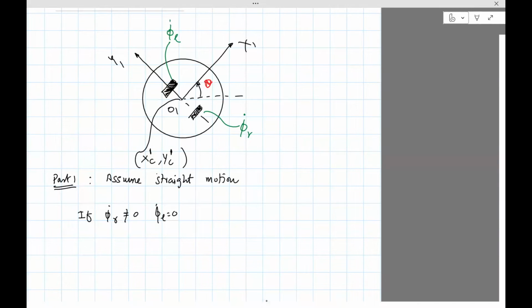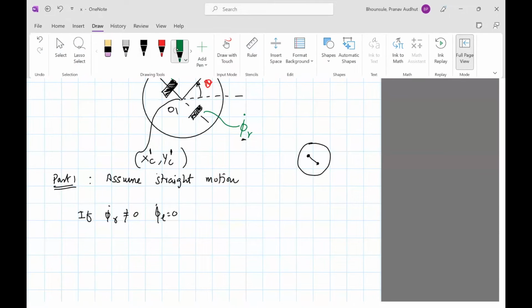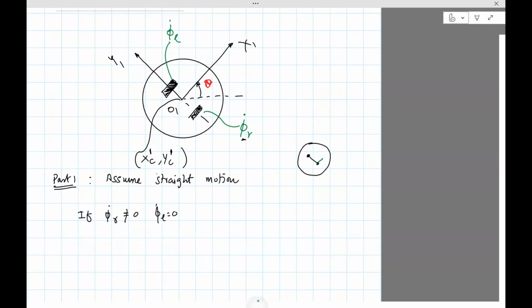So if this is the configuration initially, if just phi dot r is changing, then you'll see that the left wheel will not move, but the right wheel will move by a small amount. So let me just draw this big.